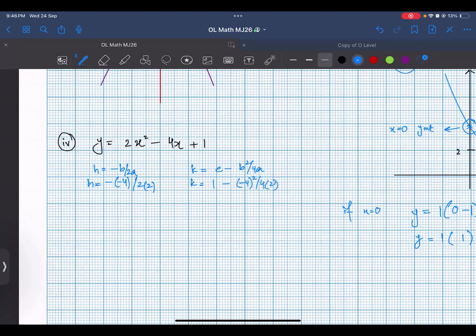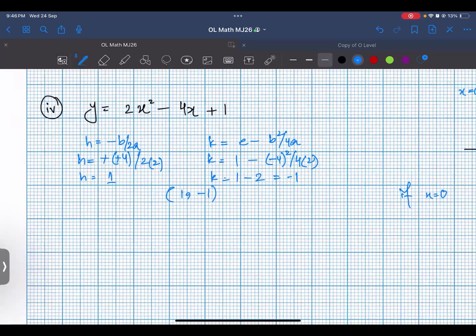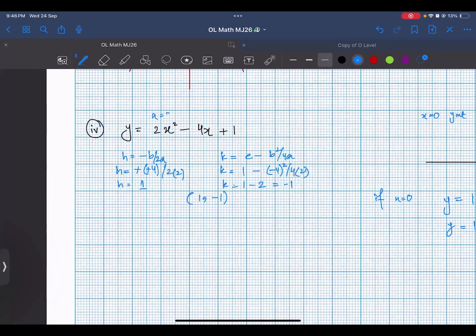Use your calculator. So h is coming out as 4 upon 4, which is 1. And k is 1 minus 16 upon 8, which is 2, so 1 minus 2 is minus 1. So the turning point is 1 comma minus 1. And you can see the value of a is 2, which is positive, so the graph would be a smiley face.